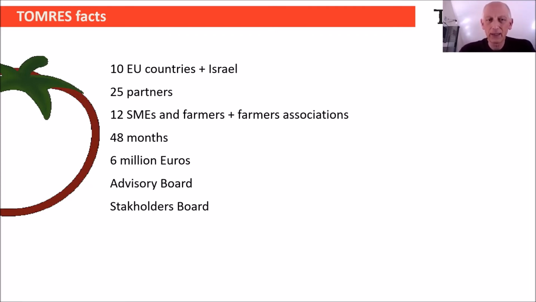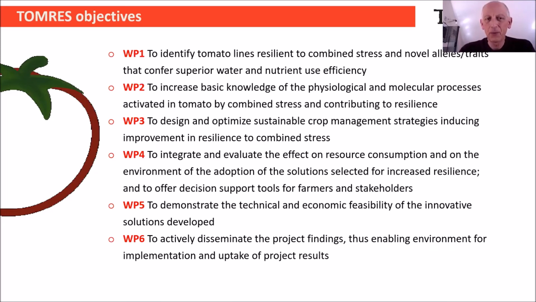And the next slide. So we have different work packages, and I show the titles of these packages in order to convey the idea of the complexity of the research performed in TOMRES, where we go from genetic research in the field, the first work package, to biological research, to agronomical research. So we have different levels of research which are confronted in the first 3 work packages.